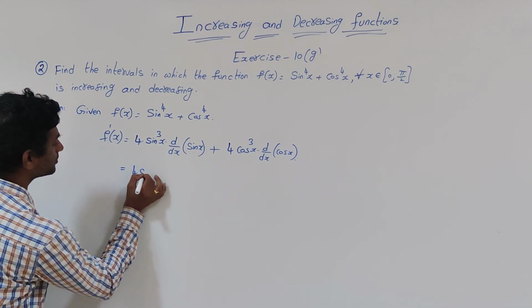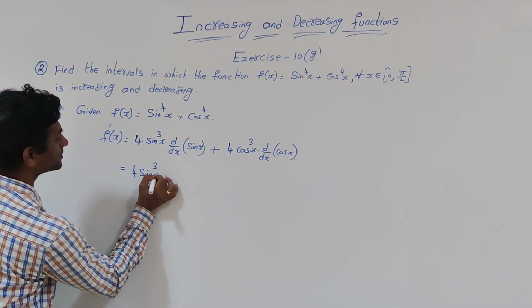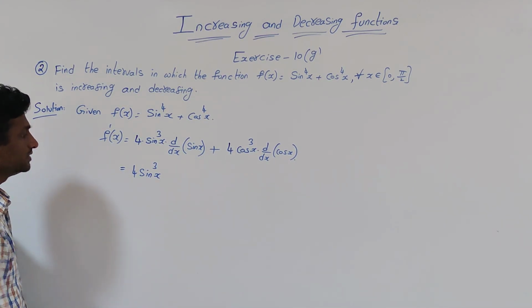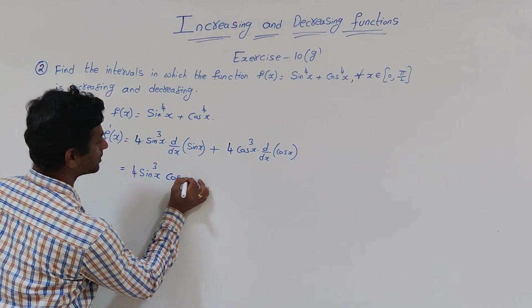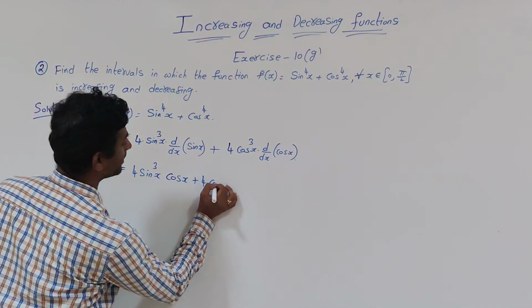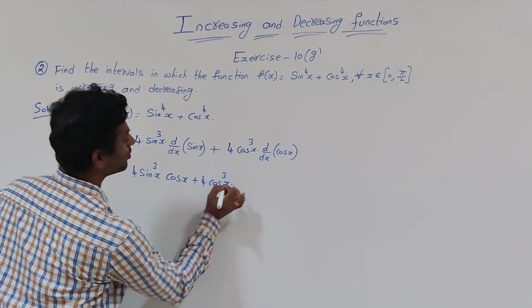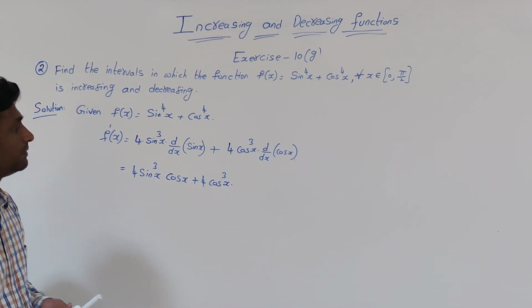So 4 sin cube x, derivative of sin x is cos x, plus 4 cos cube x into, what is the derivative of cos x? Will be minus sin x.